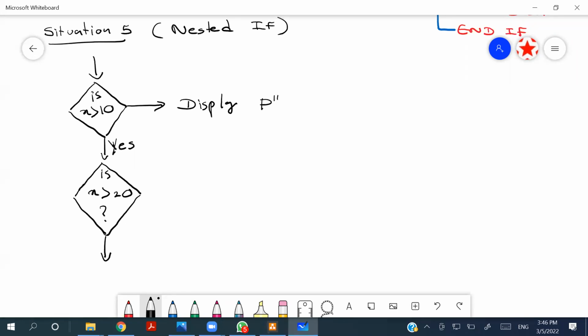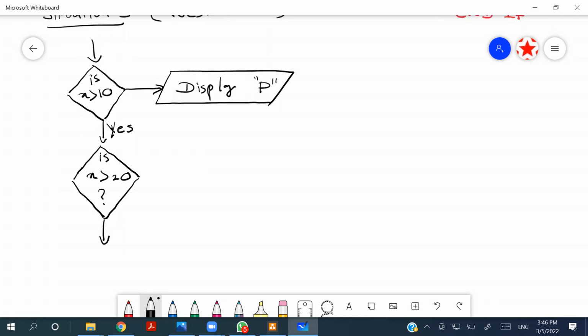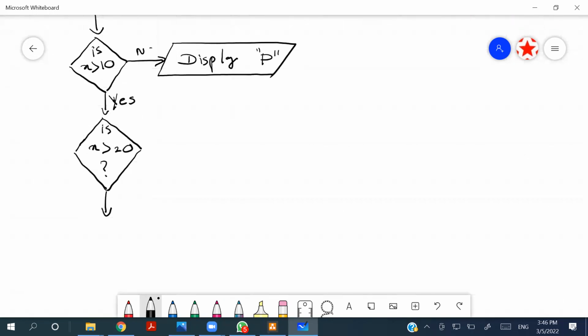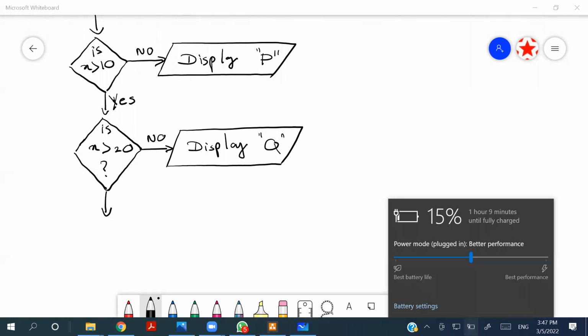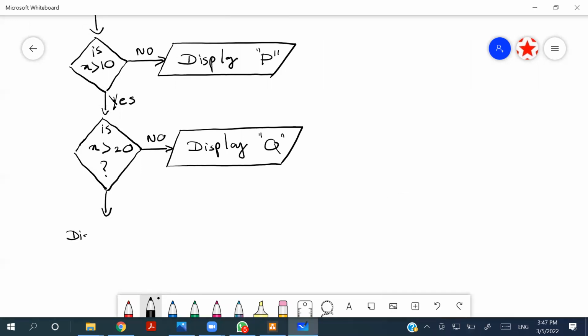Let's say display P. Now, this is different from the earlier situation.